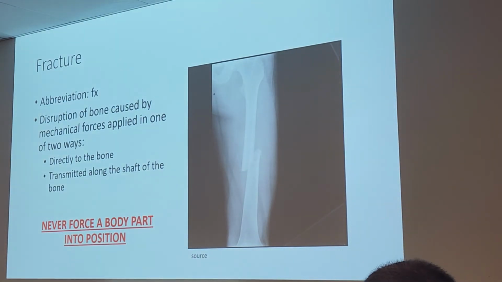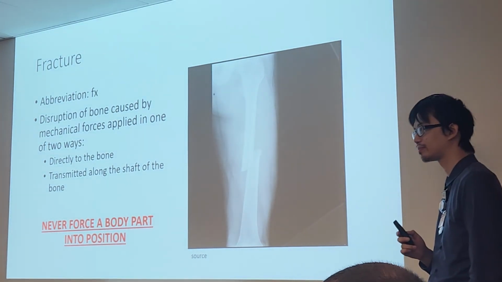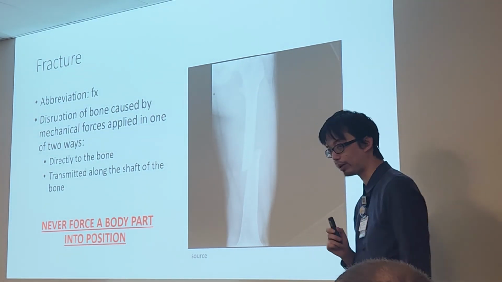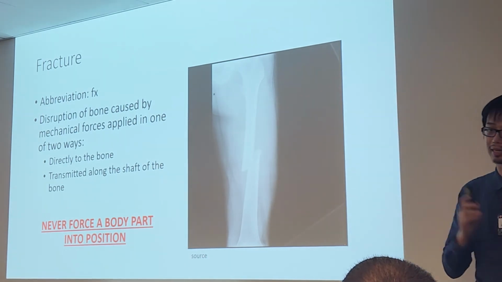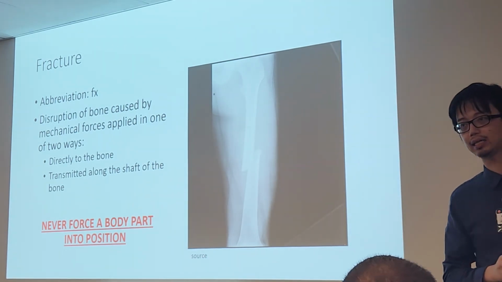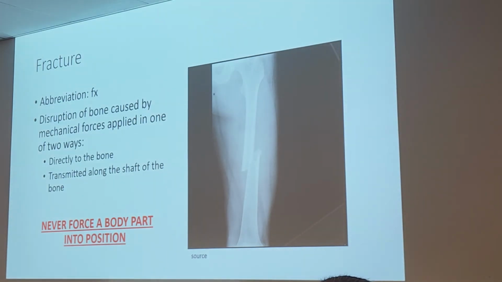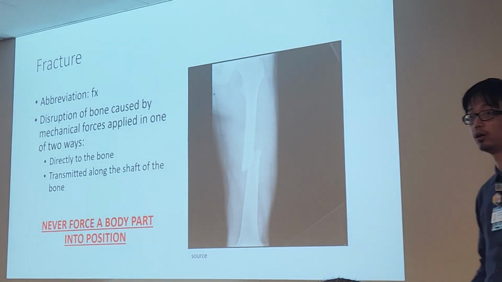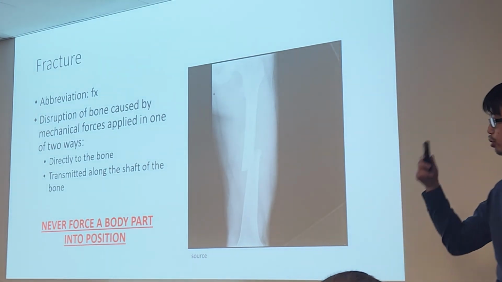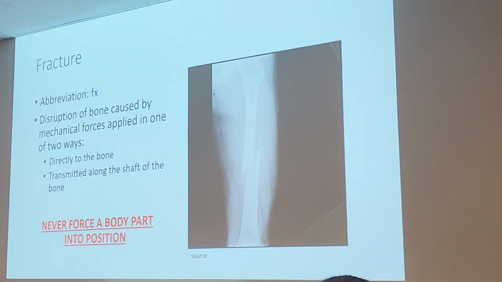Yes, sir. Yes, Reagan. How do you know for sure that it's broken? That's a great question. So let's say that you have a patient, you're there to do an x-ray, you suspect there may be a fracture, but you're not sure there's a fracture, right? The reason for exam is trauma, or it's MVA, motor vehicle accident, or it's a fall. Something that tells you there could be a fracture, but you're not sure.